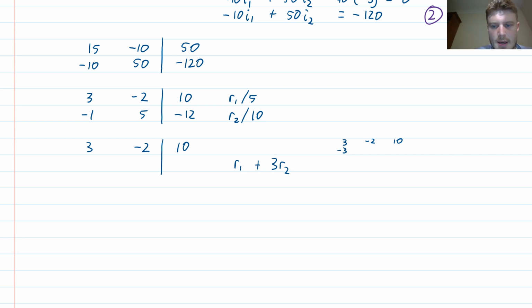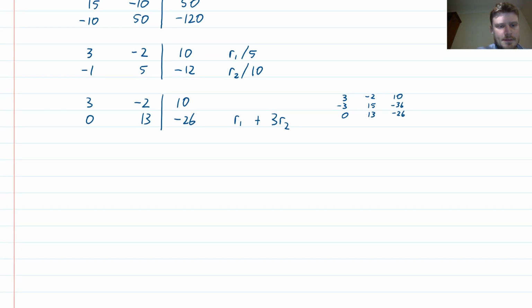That will give me -3, 15, and a -36. Now I'll just add these up and I get 0, I get 13, and I get -26. So now I'll copy those numbers out. So that was a 0, a 13, and a -26.